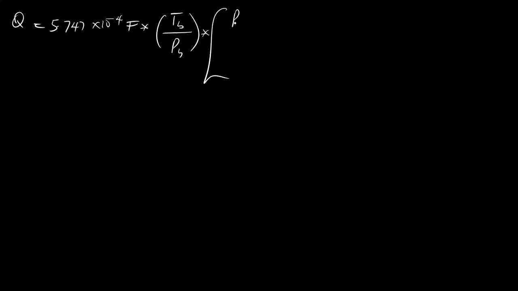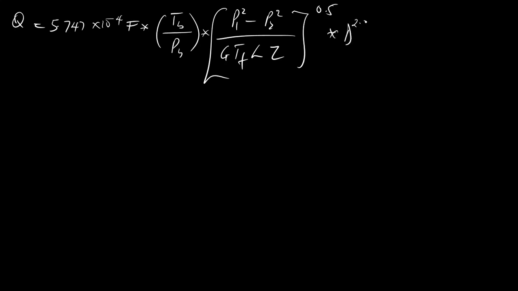Now we are given the flow rate equal to 5.747 times 10 raised to power minus 4 F times the base temperature divided by the base pressure times bracket open P1 square minus P2 square divided by GTLZ all raised to power 0.5 times D raised to power 2.5.